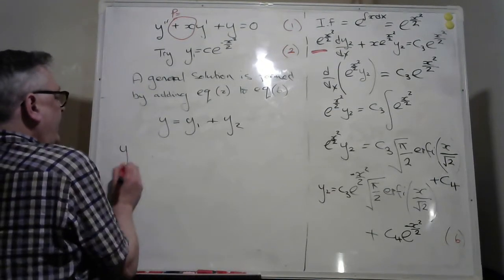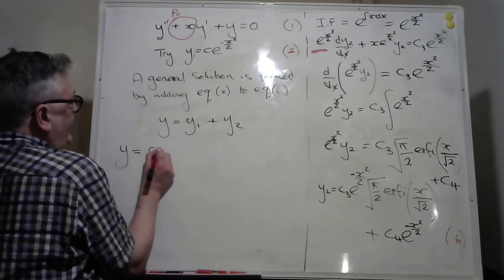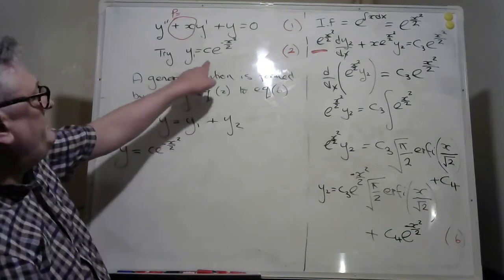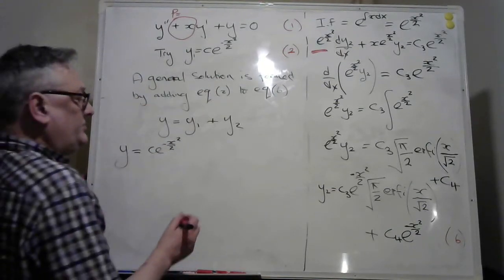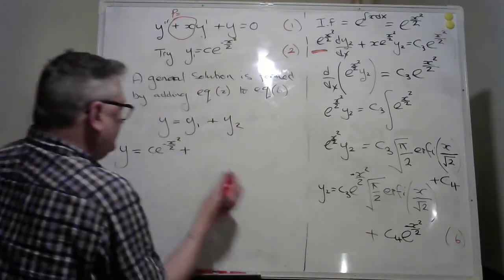So we've got y equals c e to the minus x squared over 2. That's that first linearly independent solution, and I'm going to write that down first.